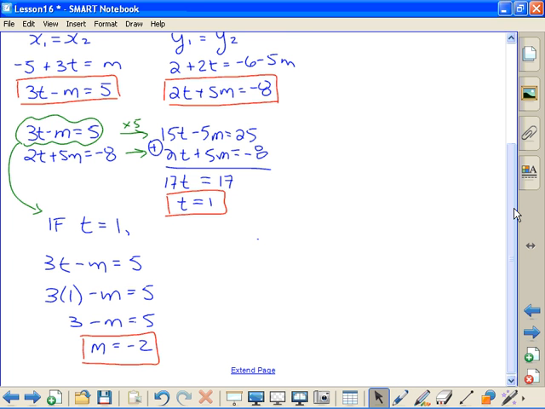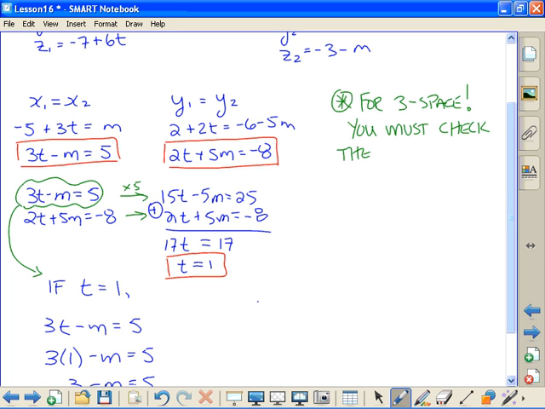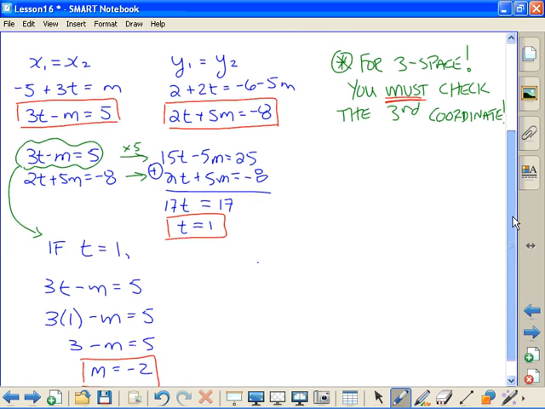In 3 space, you have to do the check. So for 3 space, you must check the third coordinate. An absolute must here, because it's the one that determines if the lines actually cross.